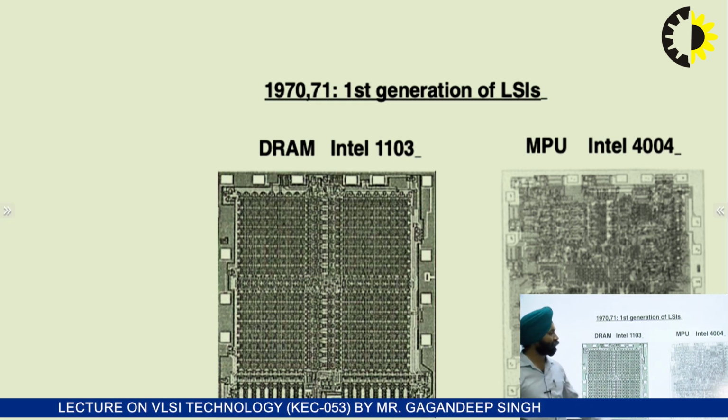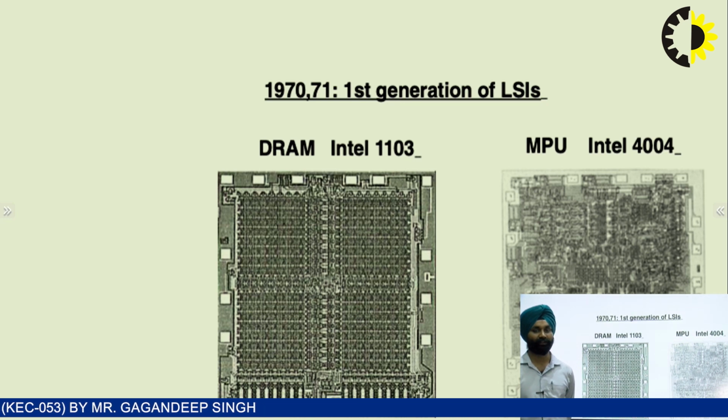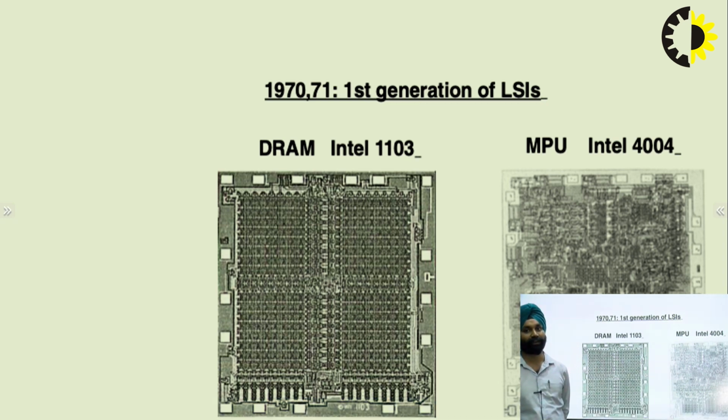This was the microprocessor unit, which has layering of different devices one over the other. So this IC has thousands of semiconductor structures in one IC.